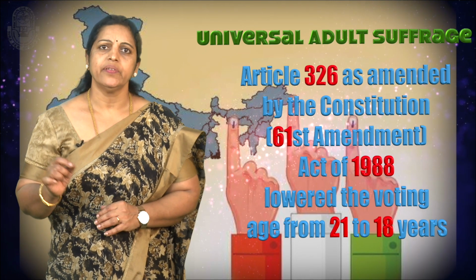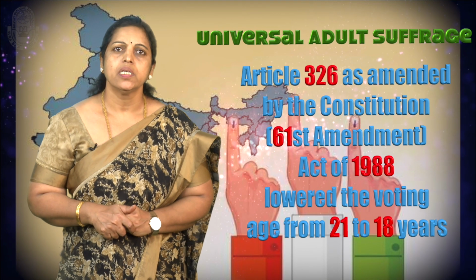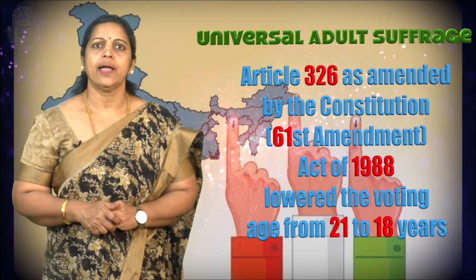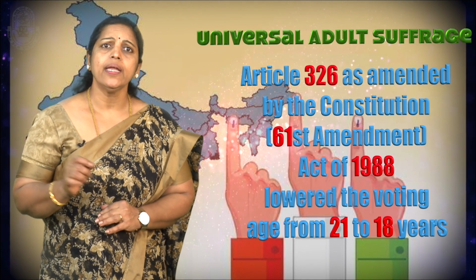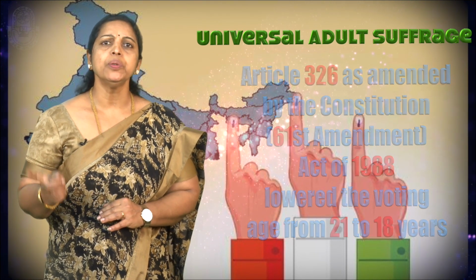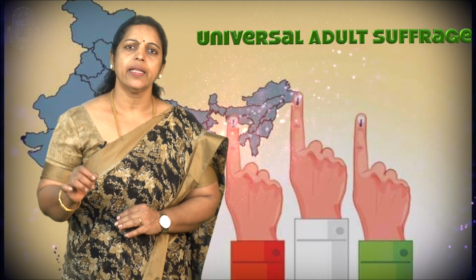Article 326, as amended by the 61st Amendment Act 1988, lowered the voting age from 21 to 18 years. Through this right, a citizen can take part in the process of formation of the government.